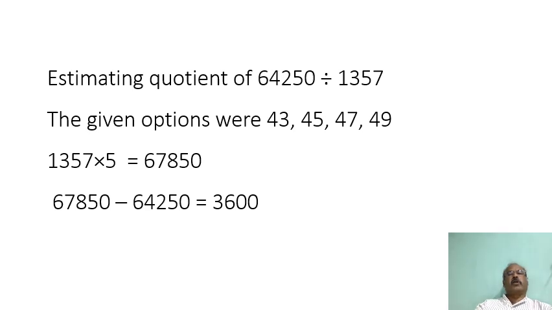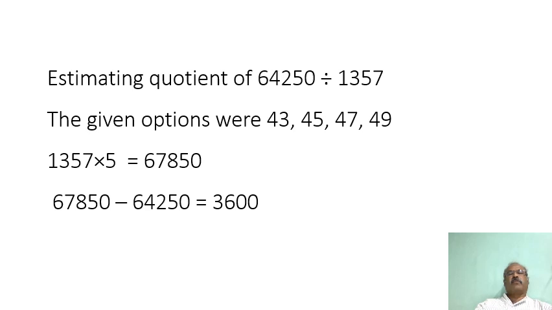Now let us turn to estimating the quotient of 64,250 divided by 1,357. The given options were 43, 45, 47, and 49. Since 13 fives are 65, we decide to multiply by 50. So 1,357 times 50 would be 67,850.